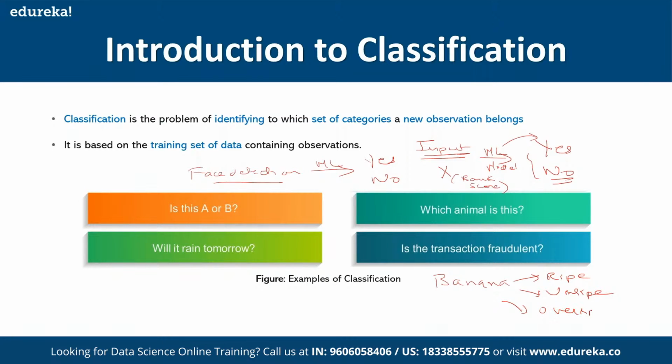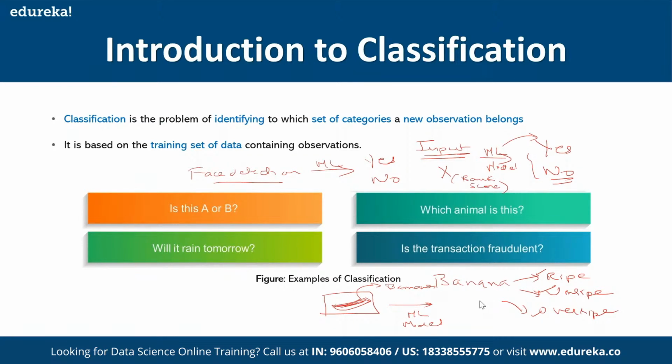So what was I giving to the machine learning model? My input to that machine learning model was a picture of a banana. Sorry for the bad drawing. Let me write it, otherwise you will not understand that it's a banana. Now I feed it to a machine learning model. It needs to tell me whether this banana is ripe, unripe, or overripe.